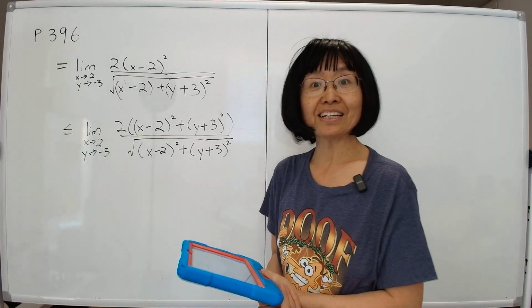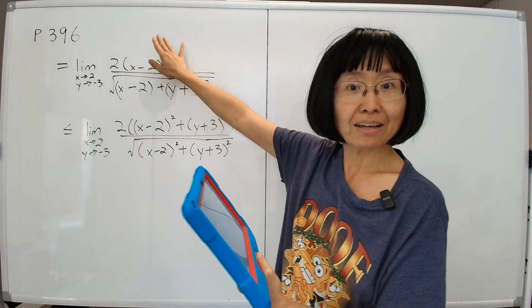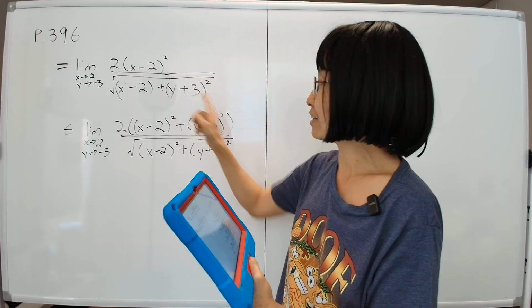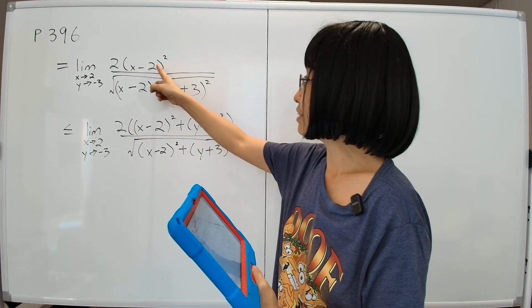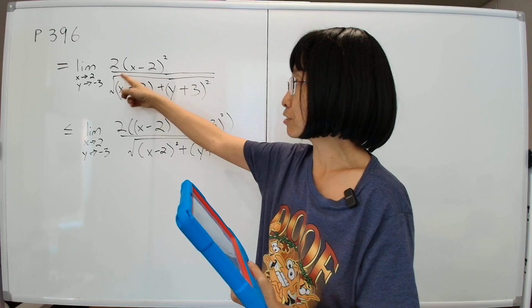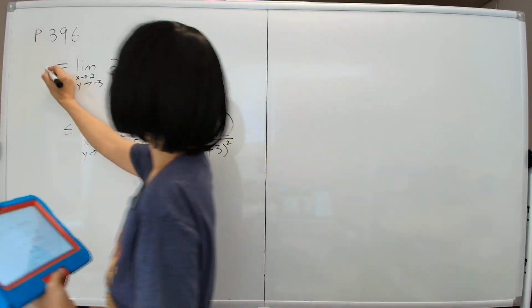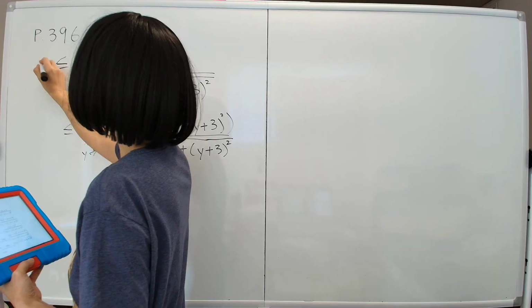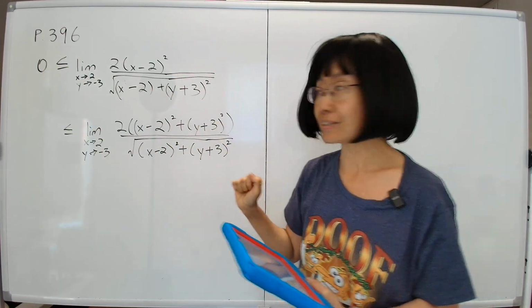I decided to write it down to explain it better. We got to this point, everything is resolved, and we got here. Now, notice at this point, something interesting happens. This thing is a square, and the square root, of course, is also positive. So this whole thing is bigger than or equal to 0. We'll draw it right here: this limit will be bigger than or equal to 0.